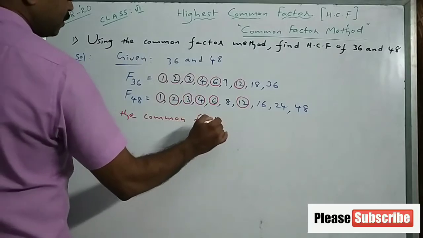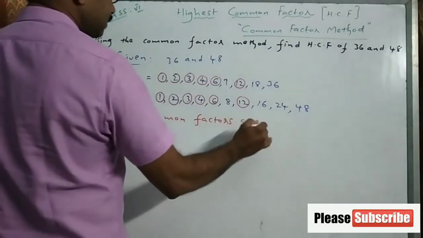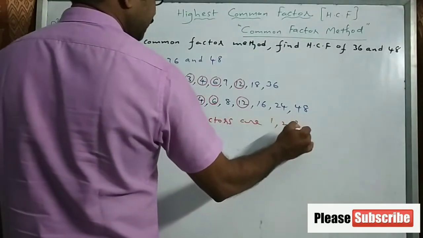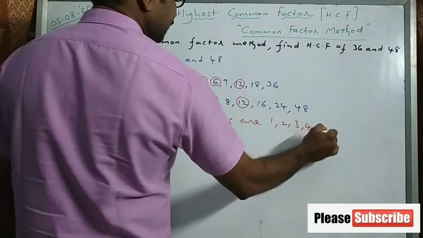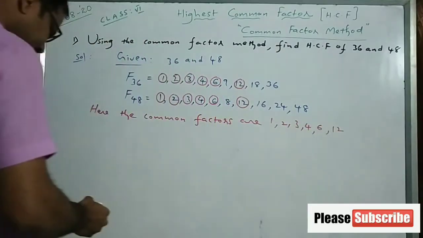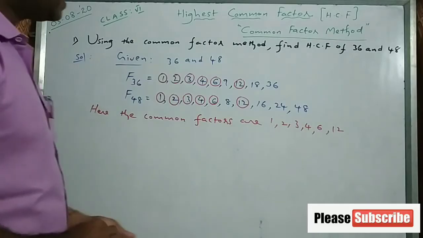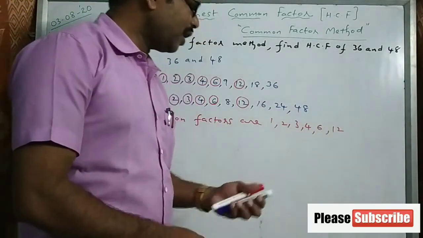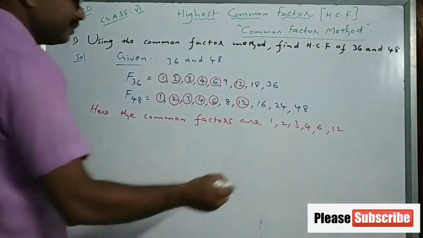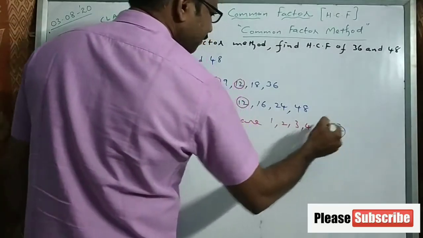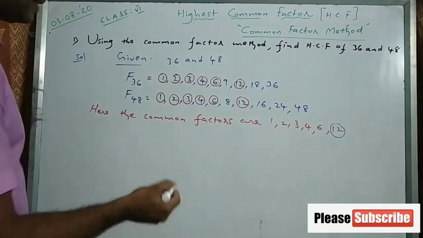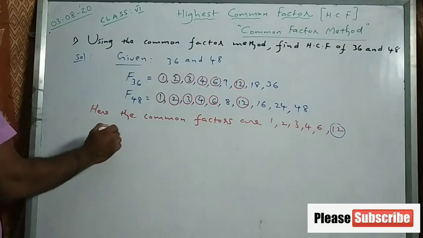Here the common factors are 1, 2, 3, 4, 6 and 12. Among these, what is the highest common factor? That is 12. Among common factors you find out highest.